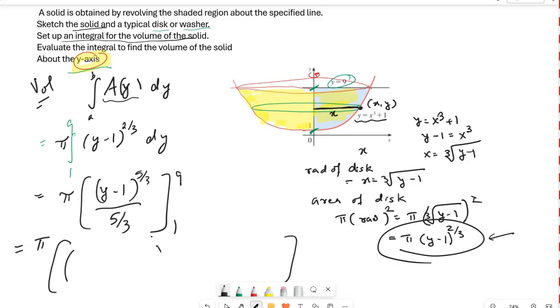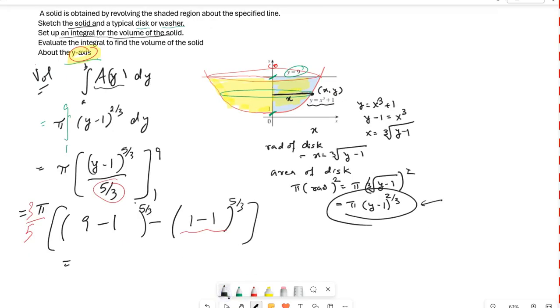We put the upper limit minus the lower limit, and this 5/3 is going to flip and come out with pi. So what do we have? (9 minus 1) to the power 5/3 and (1 minus 1) to the power 5/3. 1 minus 1 is just 0, so we don't need to worry about that. We have 3 pi by 5 times 8 to the power 5/3.